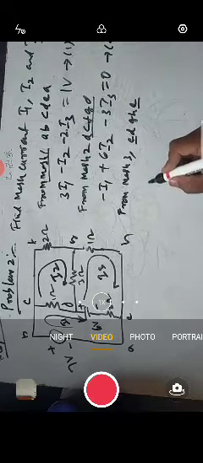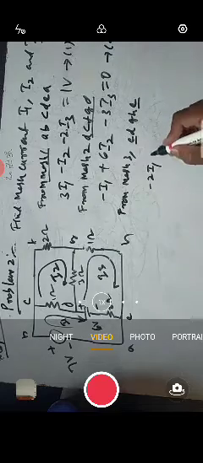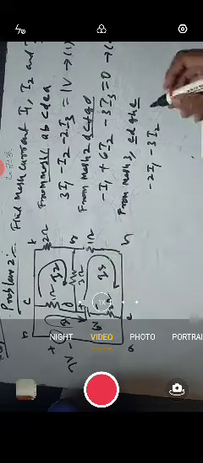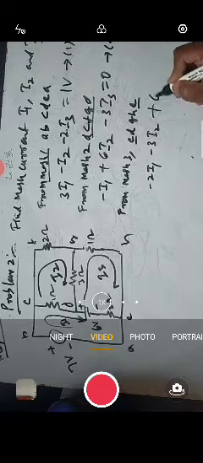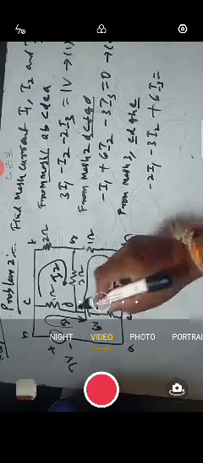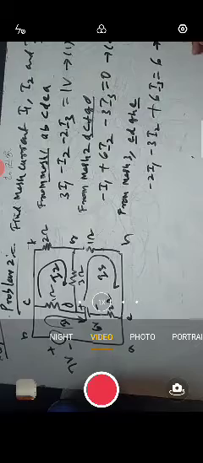So minus 2 I1, and this is minus 3 I2, 2 plus 3 is 5, 5 plus 1 is 6, so that is plus 6 I3, equal to how much they move from negative to positive, so it is 6. Totally we got 3 equations.